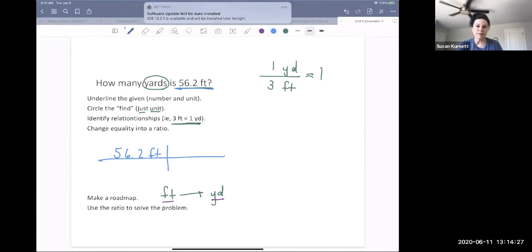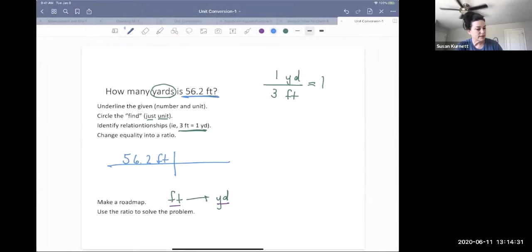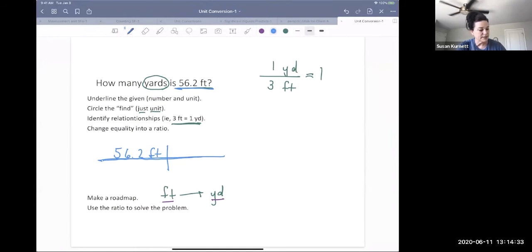And I'm going to do something I call train tracks. Everything above this line is in the numerator. And this line here is like a couple sets of parentheses separating different values. And I now am going to put my ratio in there.